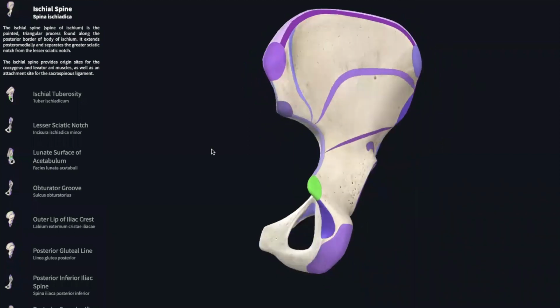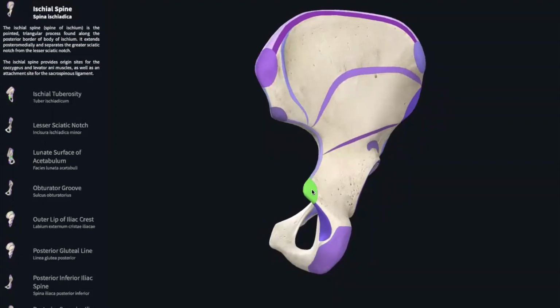But yeah, this just separates the top hole from the bottom hole. And what the ischial spine is attached to is, which ligament was it? Sacrospinous ligament, sorry. And the sacrospinous ligament, as we'll see later, just comes across here and forms these two holes.